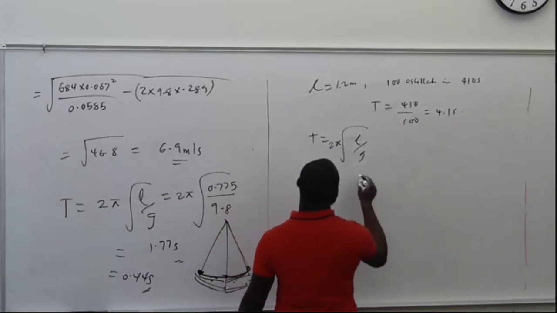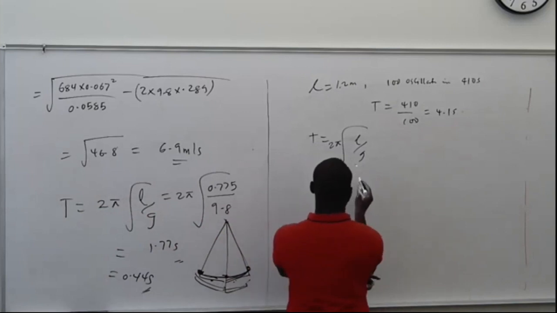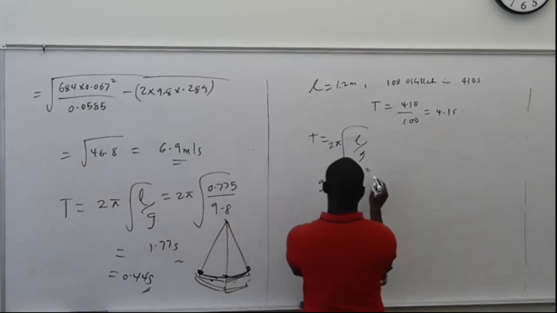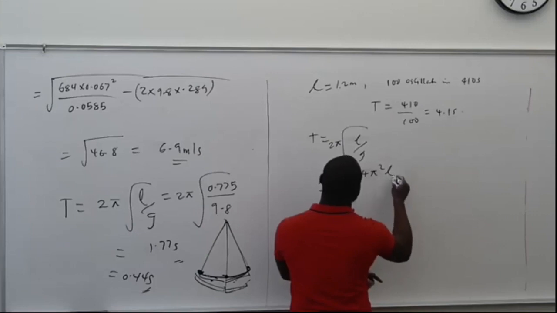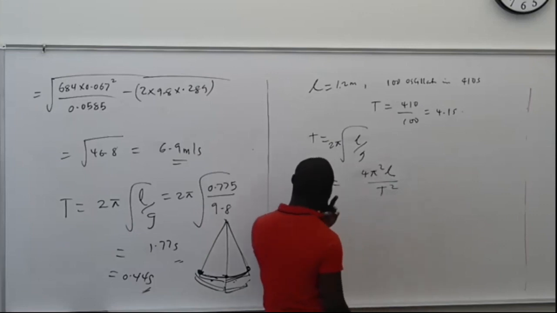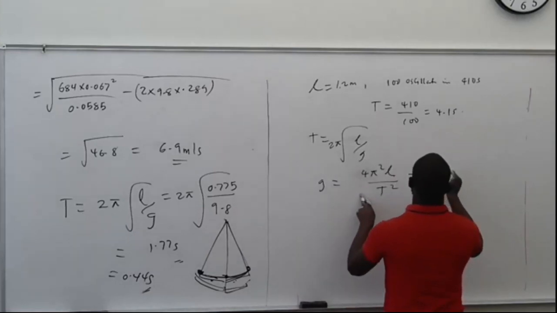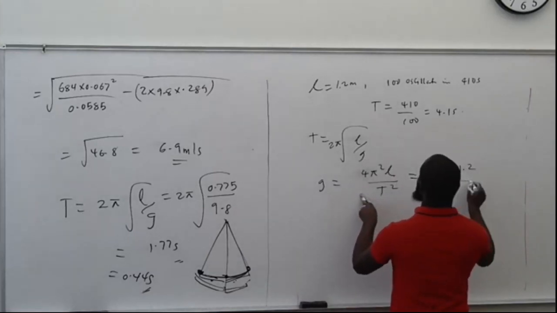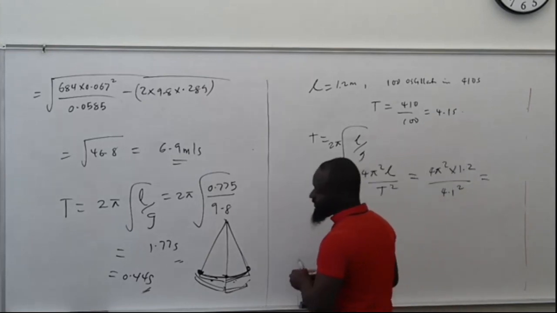So g on that planet becomes 4 pi squared L over T squared. So 4 pi squared times 1.2 over 4.1 squared. That's the g on that planet, okay?